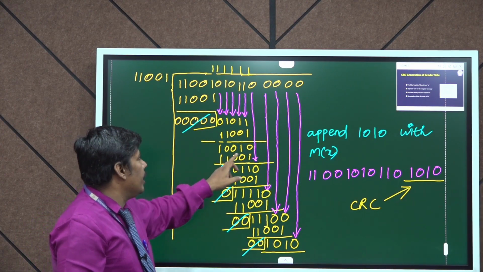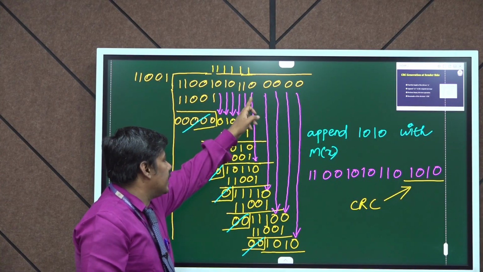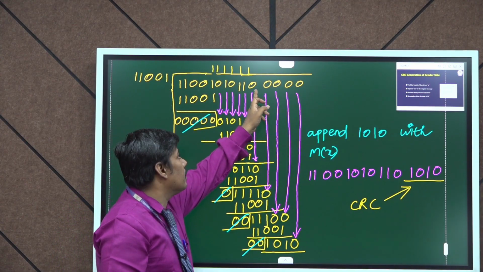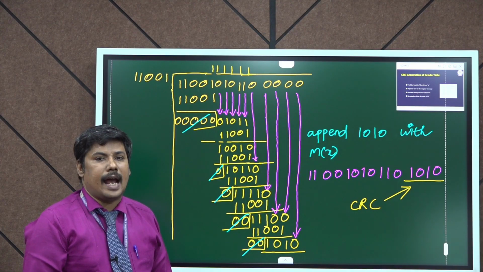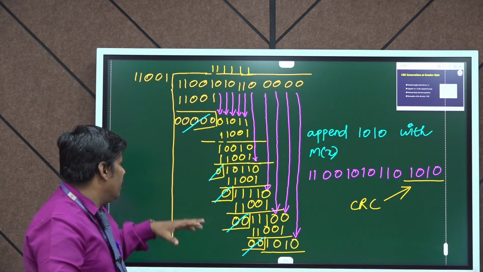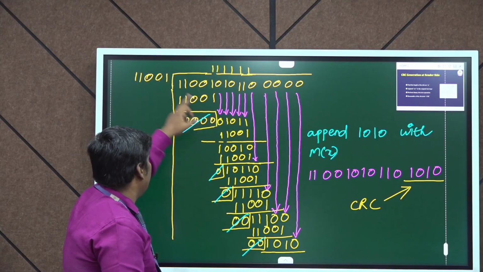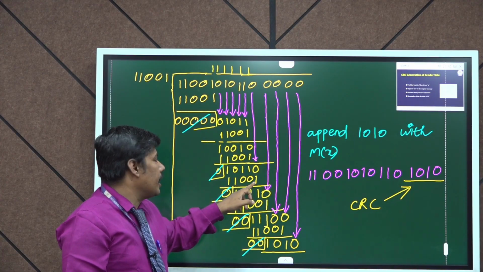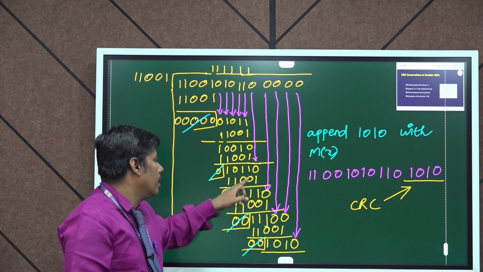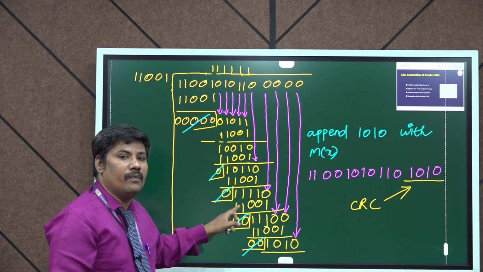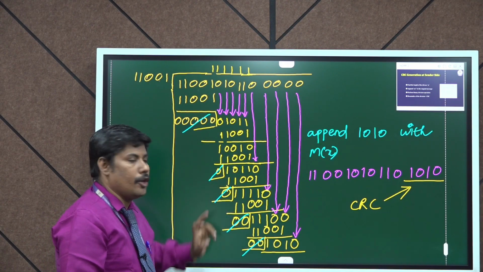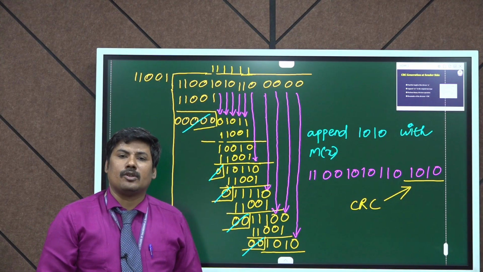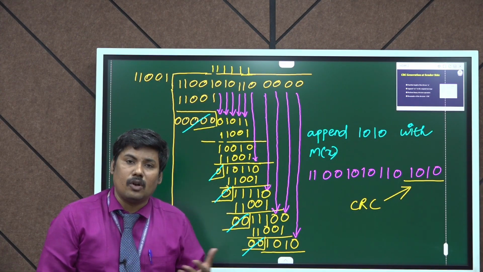Then we need 5 elements, so I need to bring this 0 here, and the same process is repeatedly done, dividing by 1 1 0 0 1. Different inputs give the answer 1, and the same operations repeat. Here 1 1 is 0, here also 0, and the 0 in front plays no role in the operation, so we can ignore that 0.